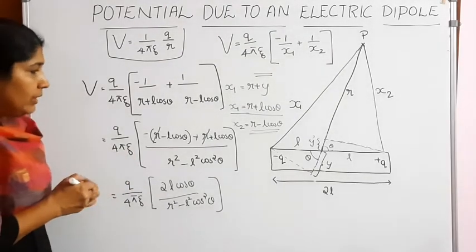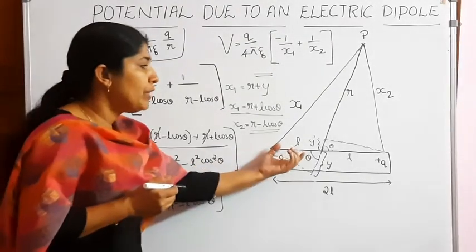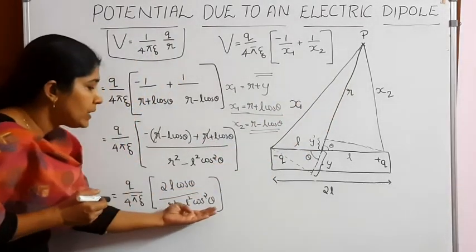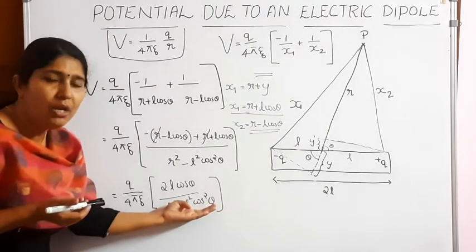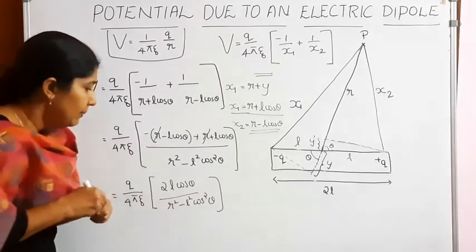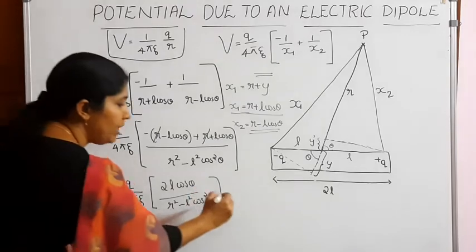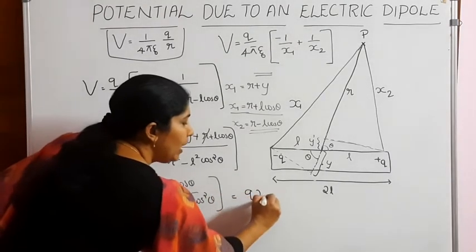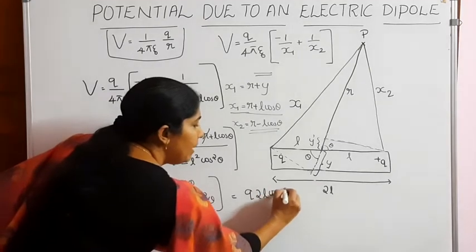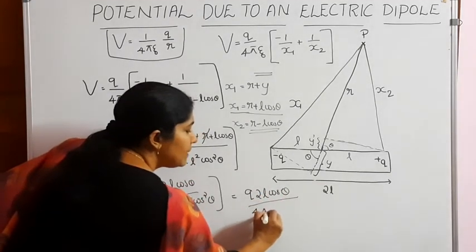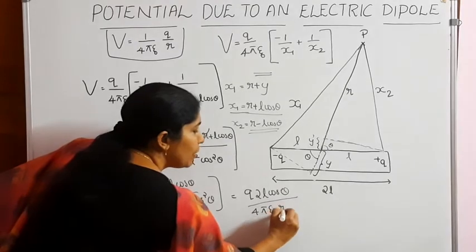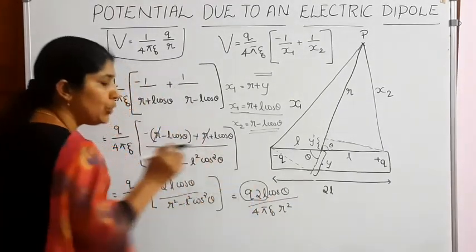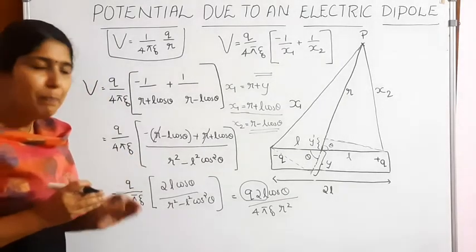Now we consider this length of the dipole is very small as compared to r. Therefore, here the L cos theta term is negligibly small, so that gets neglected. Then the final equation becomes Q into 2L cos theta divided by 4 pi epsilon 0 into r square. What about Q into 2L? One of the charge into the distance between them, that is p.